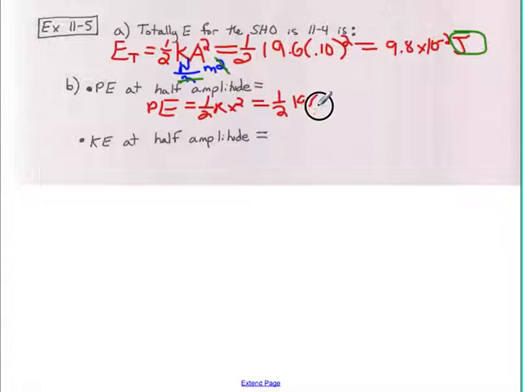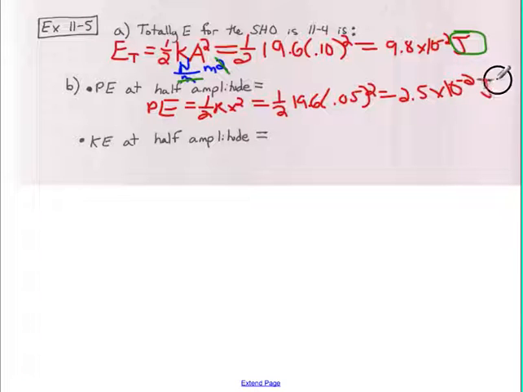19.6 times 0.05 now squared. Let's see what that is. I got 2.5, well, the book got, I should say, times 10 to the negative second. Let me do that on my calculator real fast, just so we can confirm that they're not lying about something.